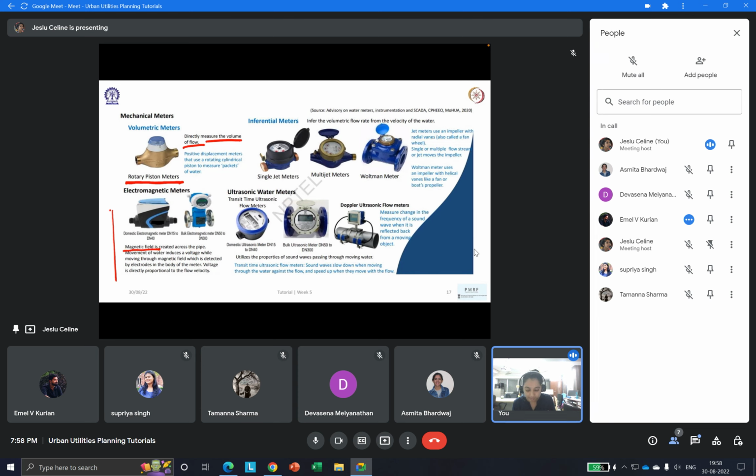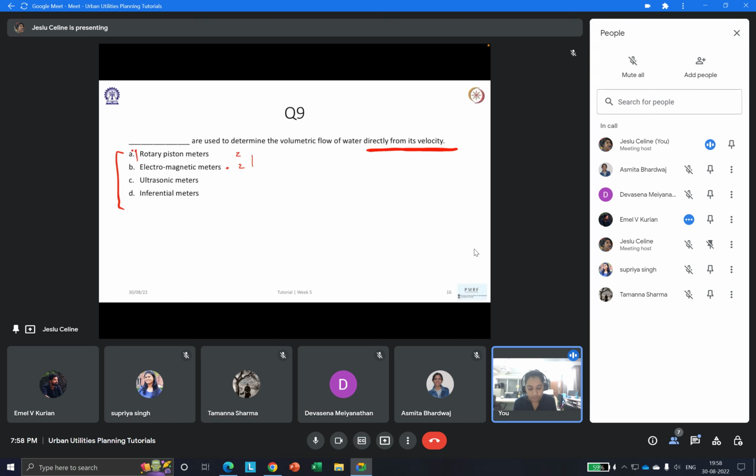So it doesn't directly measure the volumetric flow. It is the rotary piston meter which can directly give us the volumetric flow. Then we have also discussed inferential meters and ultrasonic water meters. Again, these are inferred from other different factors. So over here, the rotary piston meter is the right answer. Right, so let's proceed further.